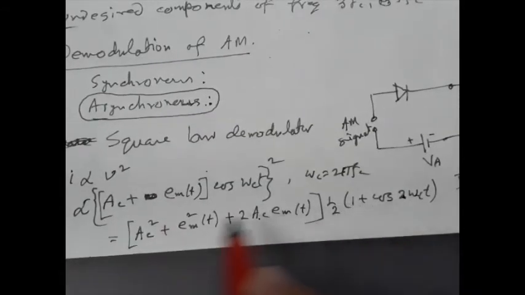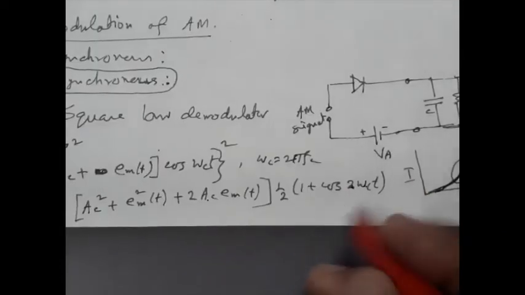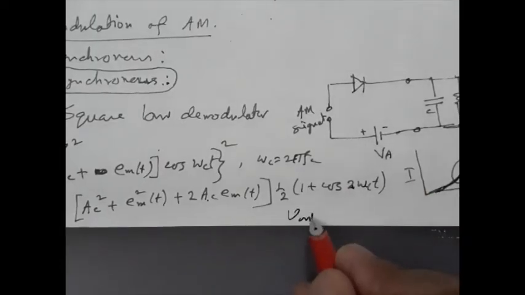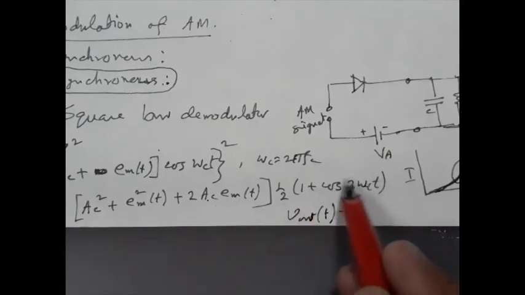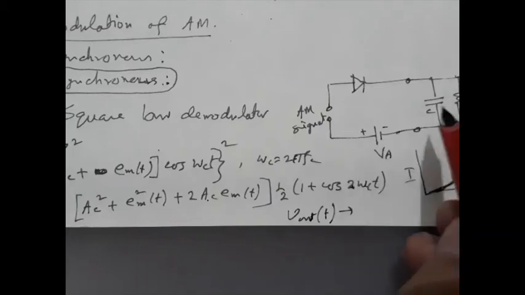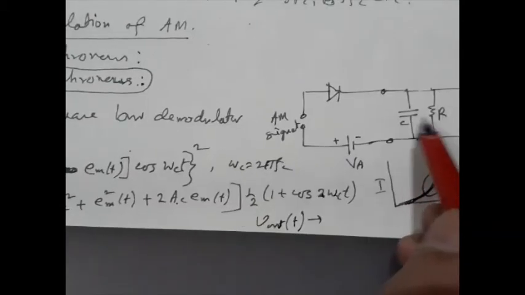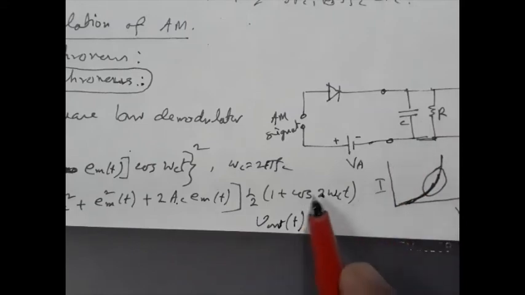Now this one is multiplied with this one. So at the output, V out, what we are getting, this cos 2 omega c term will be rejected by this filter. So terms involving cos 2 omega c t are removed, not present.